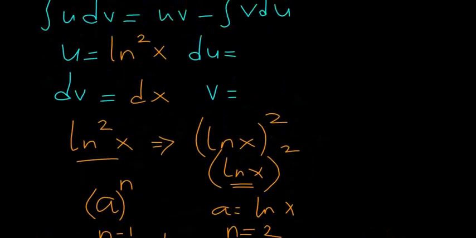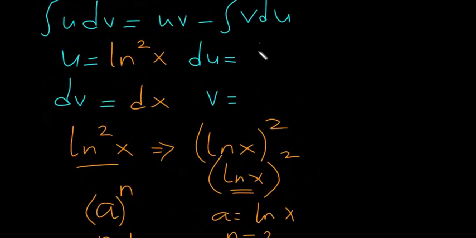So we have 2 over x ln x dx. That is the value of du, and the value of v is going to be the integral of dx, which is simply x.